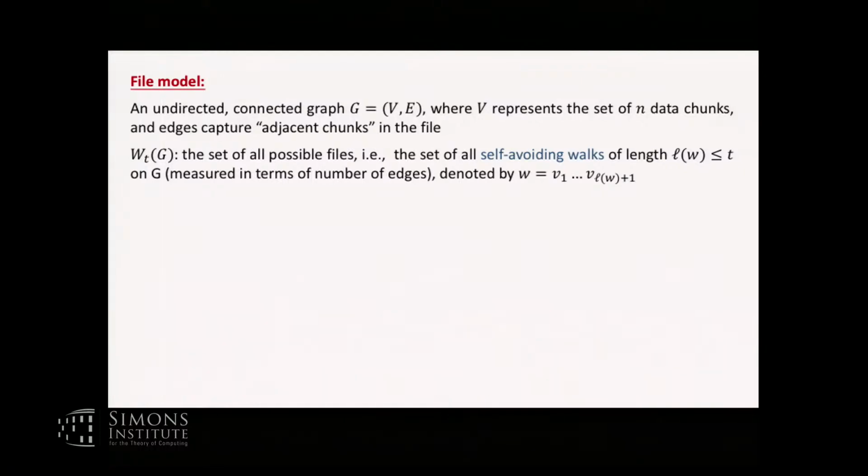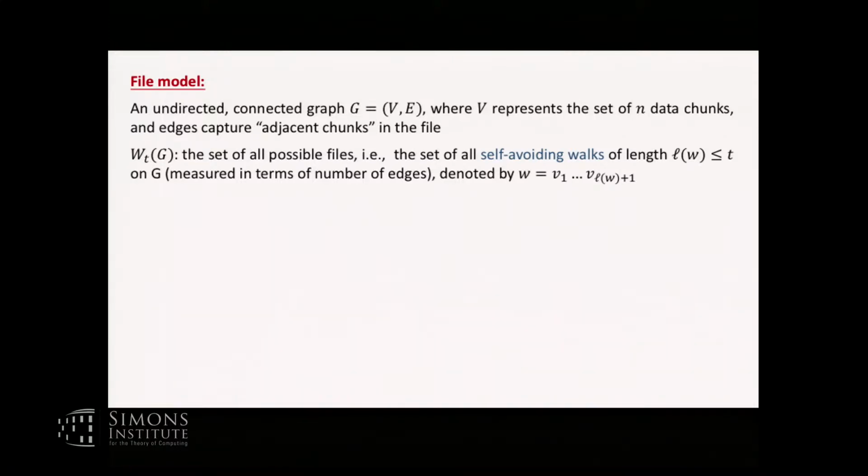The graph will have a vertex set where we have n data chunks serving as the vertices in the graph. Each chunk is going to have its own vertex, and the edges will tell you which chunks could be adjacent in a file. In that case, the set of all self-avoiding walks on such a graph of length less than or equal to t, which puts a bound on the length of the file, will be the set of all files that we allow. And why does that make sense?